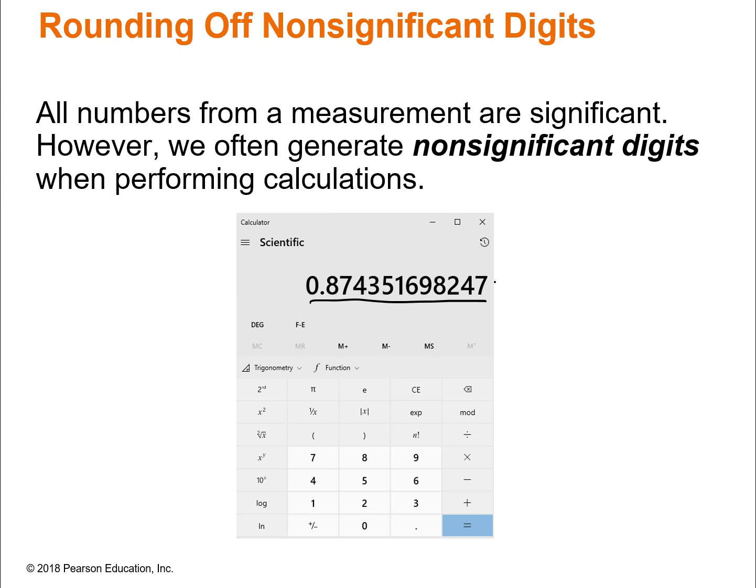Don't give me this number. It will make me sad. It will make me frustrated. Don't give me 12 decimal places. Those are not significant. We have to have rules for rounding off non-significant digits so that you don't make Dr. Hefner sit in the corner and cry.